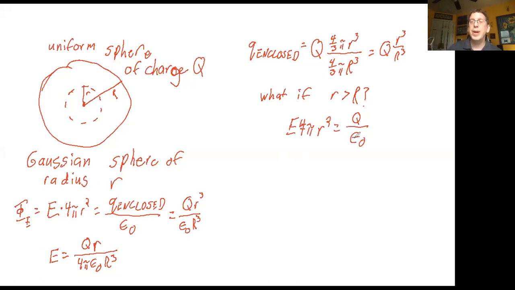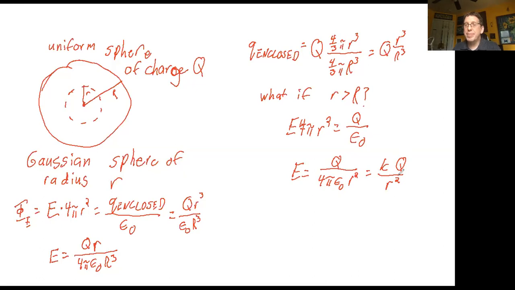So that's Q over epsilon naught. So E then is equal to Q over 4 pi epsilon naught r squared. But remember, K, the Coulomb constant, is equal to 1 over 4 pi epsilon naught. So that becomes KQ over r squared.